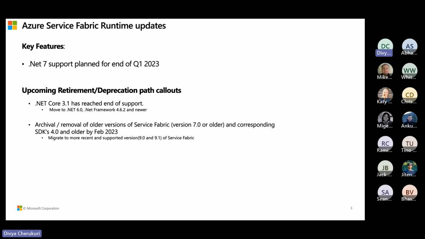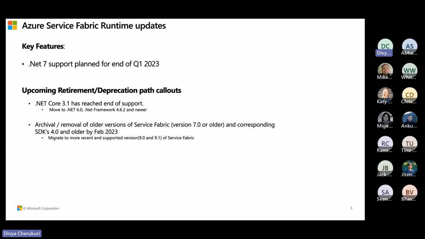We should be ready by the end of Q1. This should also be announced in the release notes once we are ready for the rollout of the release. So please expect this somewhere around the end of Q1 2023. This is the key feature that I wanted to call out.